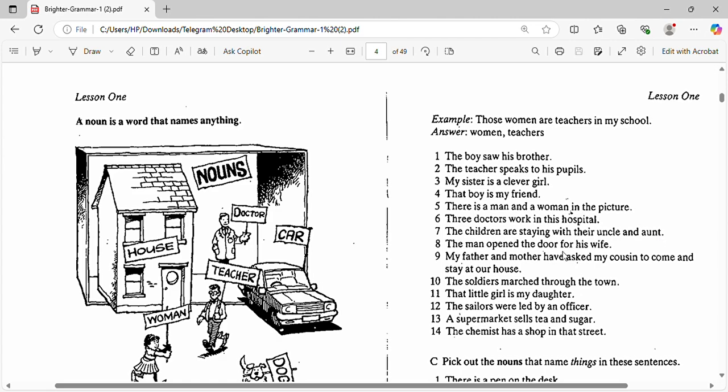The man opened the door for his wife. Man, wife. My father and mother have asked my cousin to come and stay at our house. Father, mother, cousin. Let's move on. The soldiers marched through the town.